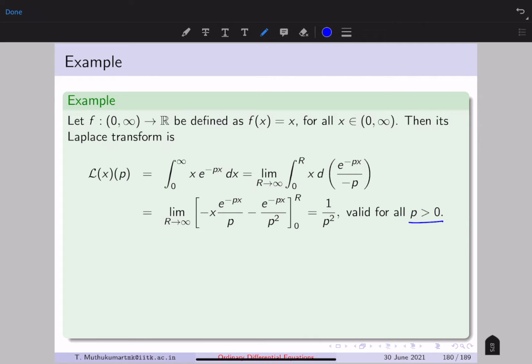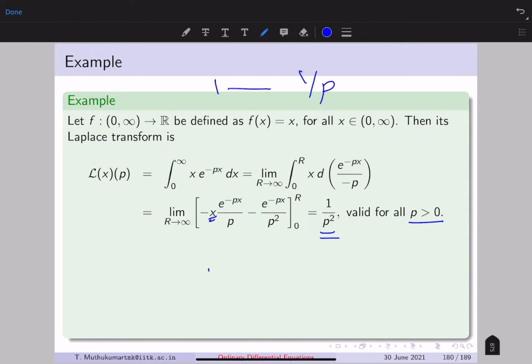For the second term, when you put x equal to 0, the numerator has exponential of 0, which is 1. There is 1 over p square here, but there is an x here. When you put x equal to 0, this term vanishes. So what you get is 1 over p square. Earlier for the constant function 1, we got 1 over p.